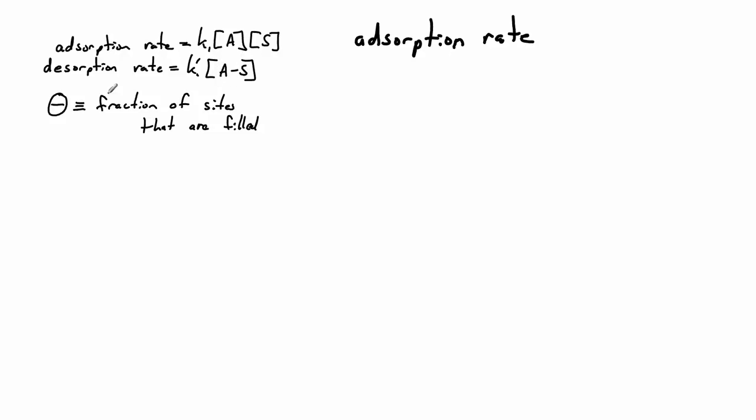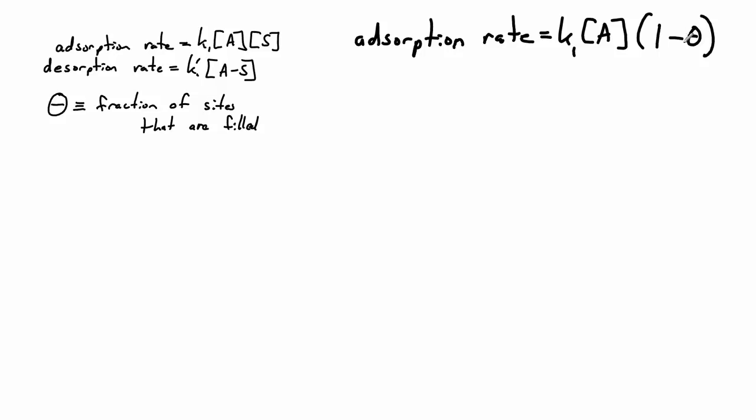On the other hand, the lower the value of theta, the less stuff we have on the surface and the more free surface we have. So we're going to be substituting expressions for theta for surface covered and free. So the adsorption rate is going to be K1, concentration of adsorbate, and then we're going to replace concentration of free surface with 1 minus theta, the fraction of the surface that is free.